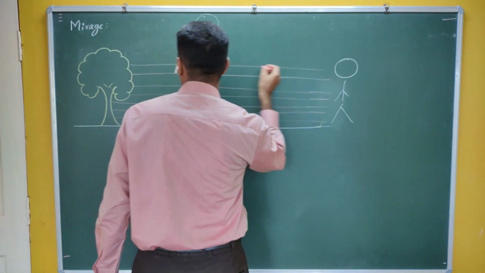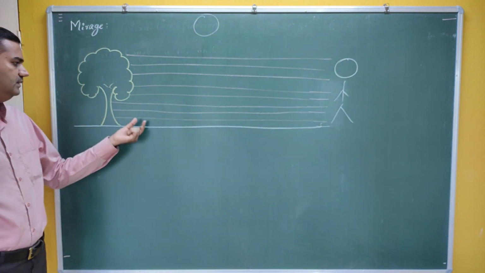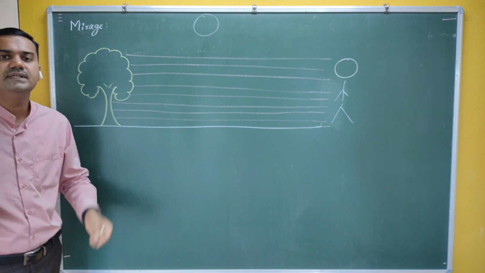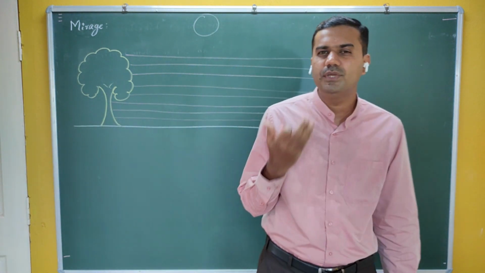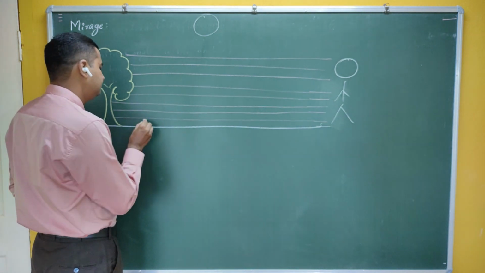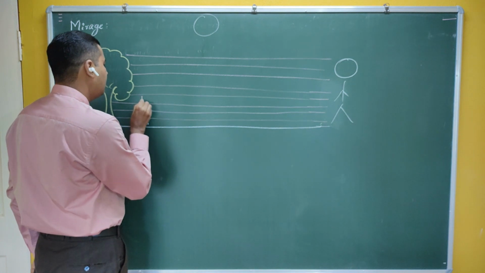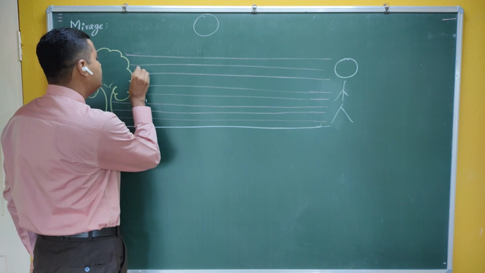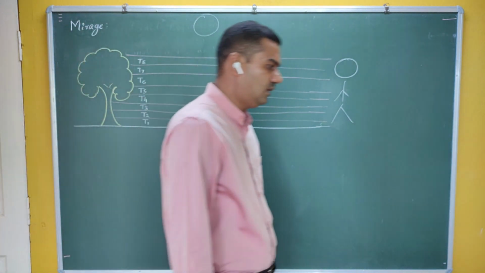Therefore, in the summer season, this atmosphere has some internal layers. Now internal layers are due to the variation of temperature. If I take this temperature as T1, this as T2, this is T3, T4, T5, T6, T7, T8, like this. Now what happens?